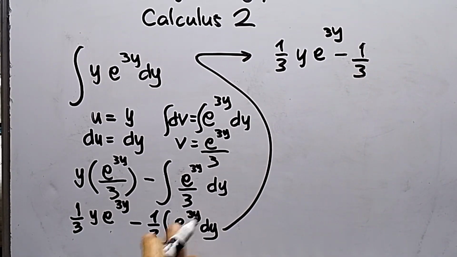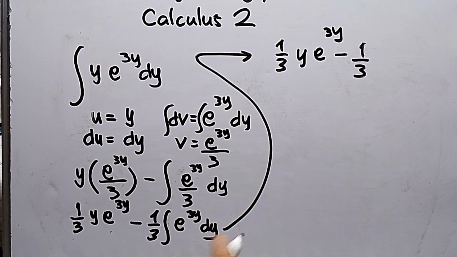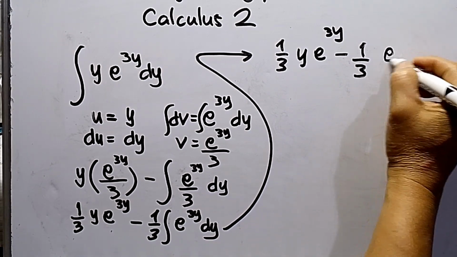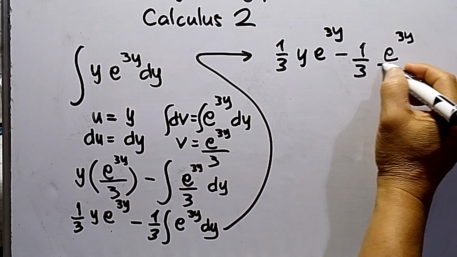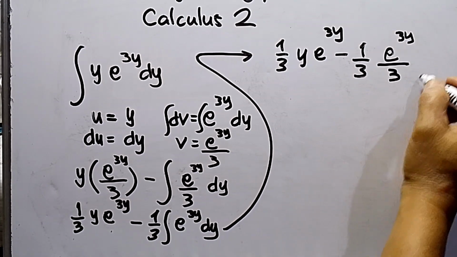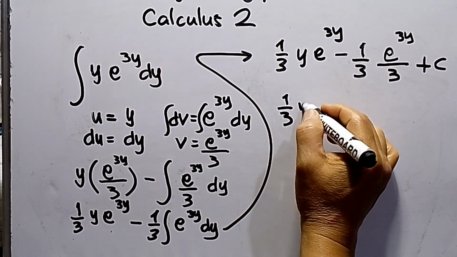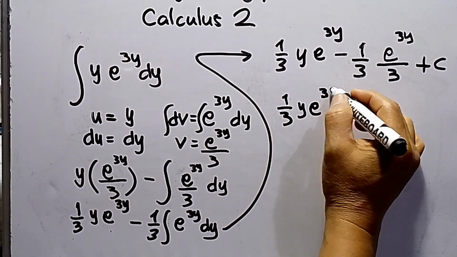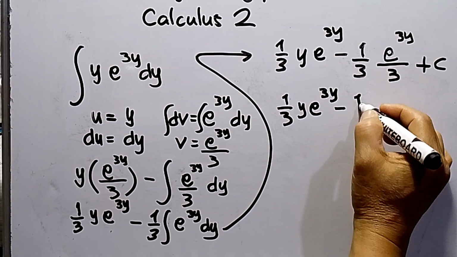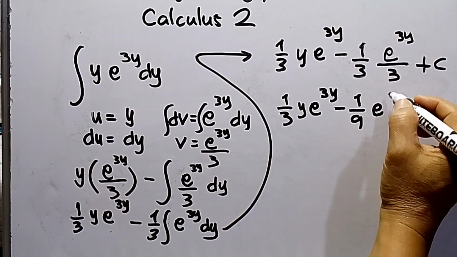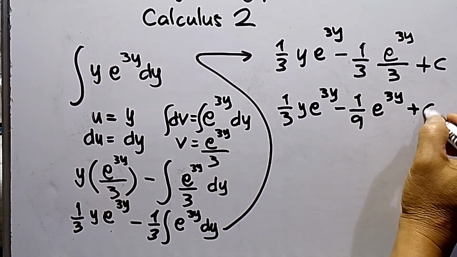So the integral of e raised to 3y dy will be e raised to 3y over 3. Then this will be plus c. So this will be 1/3 y e raised to 3y minus 1 over 9 e raised to 3y plus c.